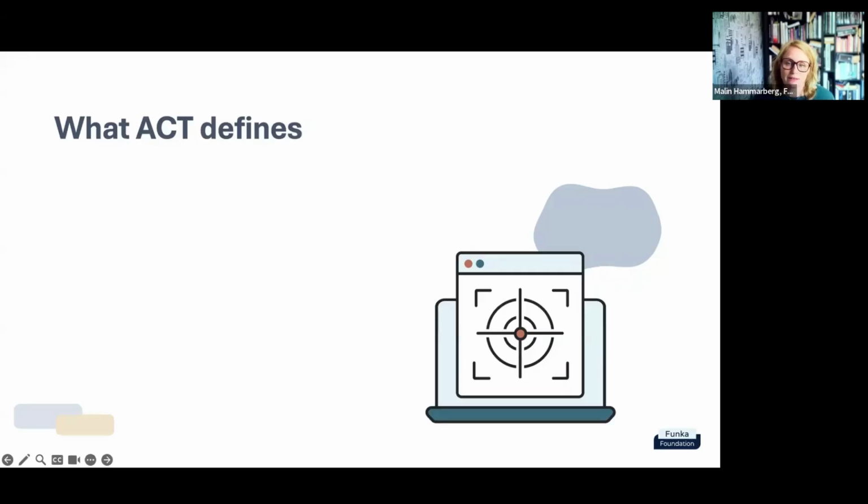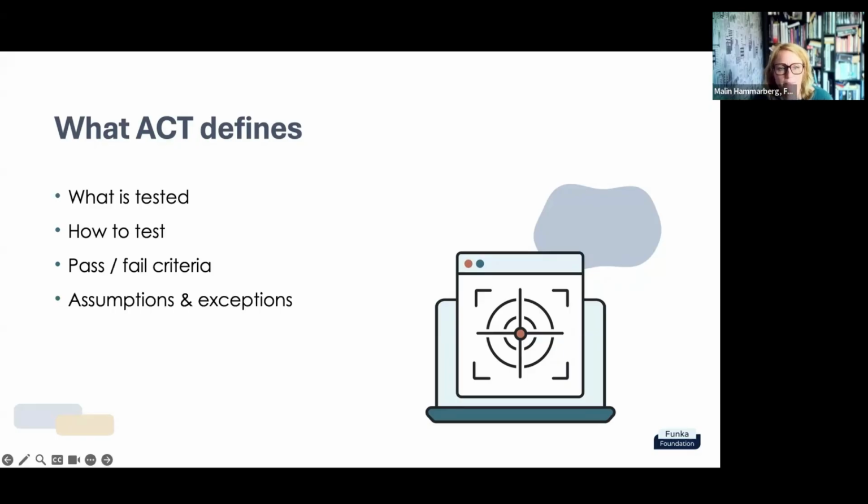So the ACT rules define a few key things. They define what should be tested, how it should be tested, and also what counts as pass or fail criteria. But they also include assumptions and exceptions, and this will help create a more consistent and comparable result.